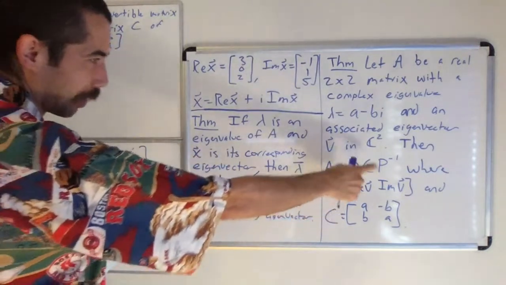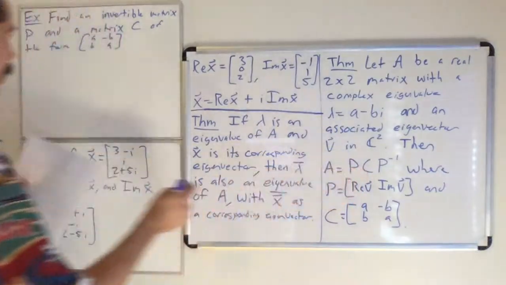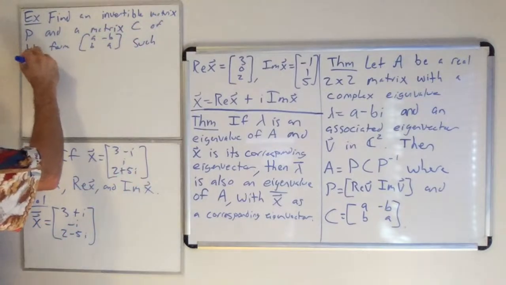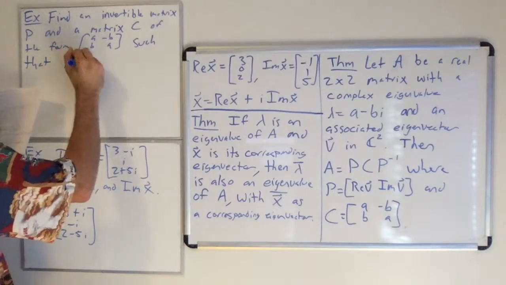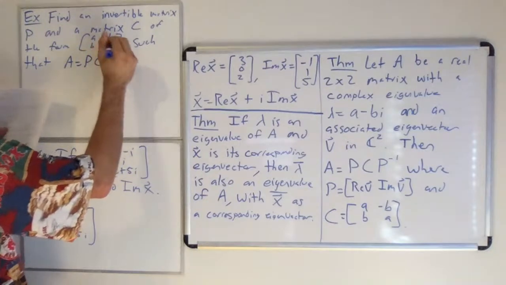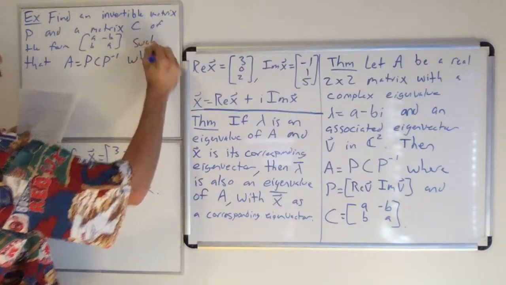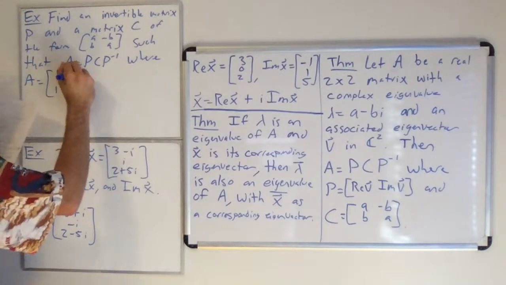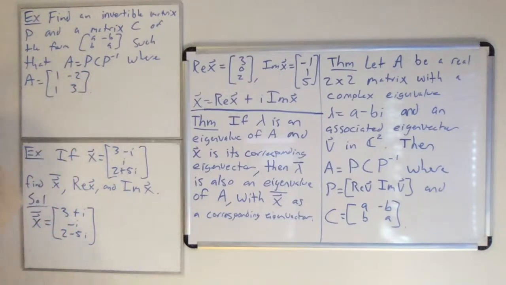So basically, let's find P and C such that A equals P C P inverse, where A equals 1, 1, negative 2, 3. Okay, so this was the same matrix we looked at yesterday, but just for the sake of practice, we could go through and find the eigenvalues and eigenvectors again, just so you have it in your notes.